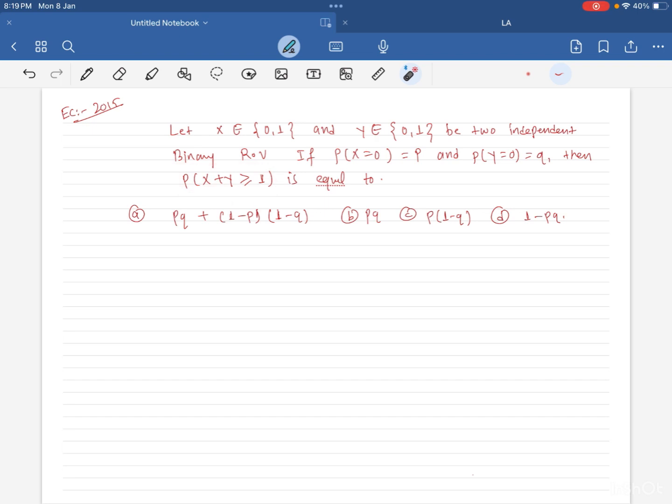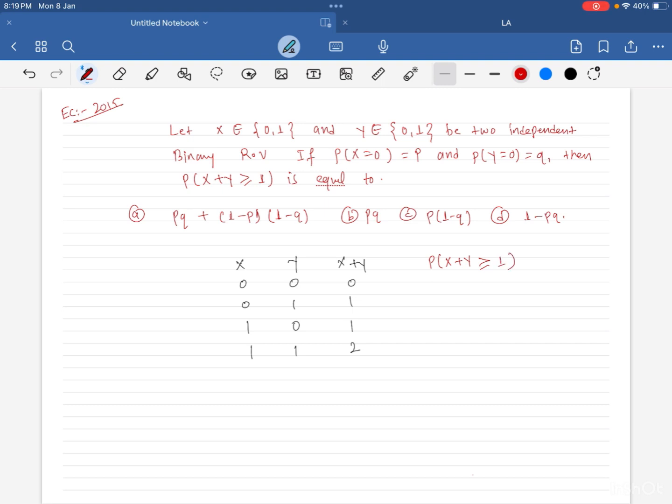So if you see here, the values of x and y could be 0 0 or 0 1 or 1 0 or 1 1, then the value of x plus y is 0, 1, 1 and 2. Now we have to find the probability that x plus y is greater than or equal to 1, right?